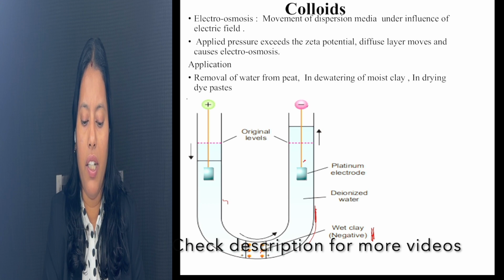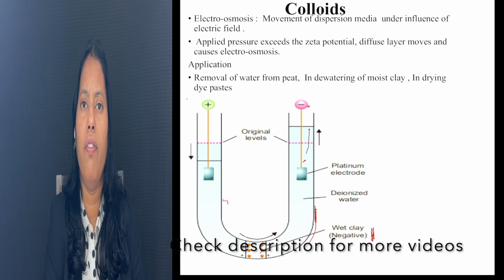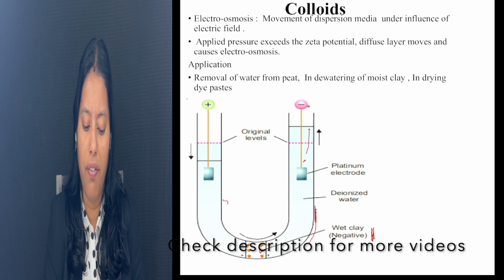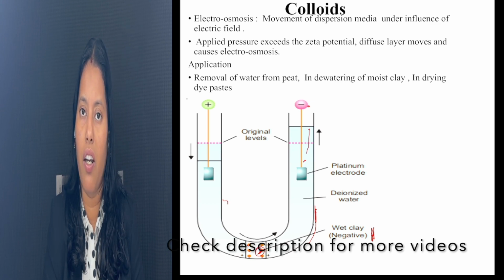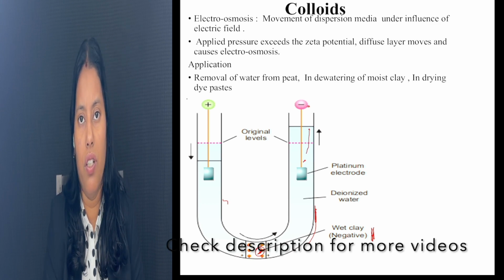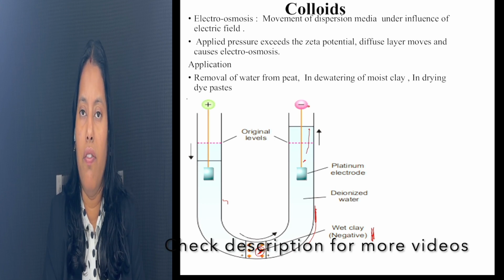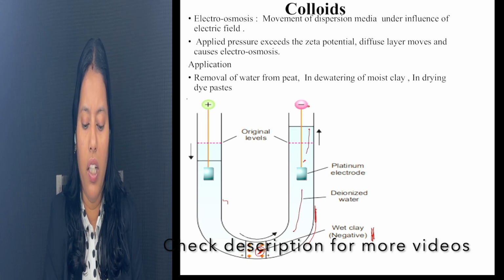When you apply the electric potential, you will find that the water level is rising at one of the electrode ends. In this case, the clay is negatively charged, so the ions which are deposited around the clay from the water are positively charged, and due to this electrical influence, they are moving toward the negatively charged electrode.